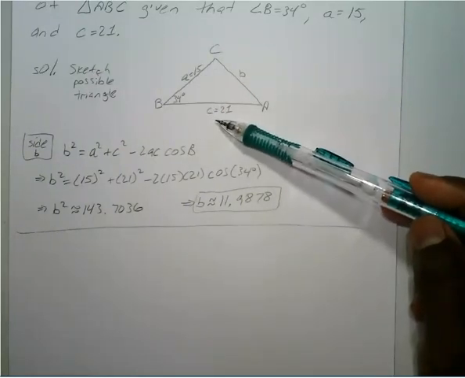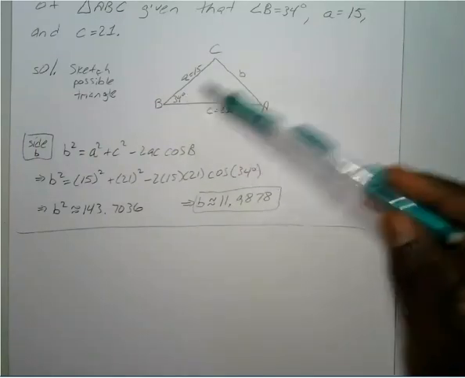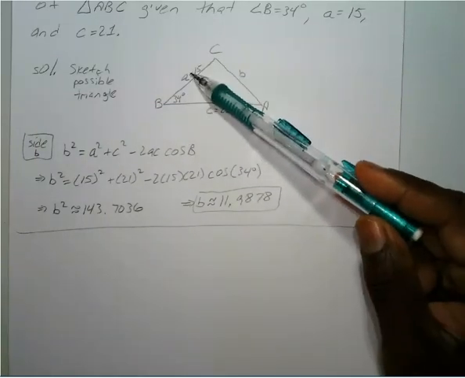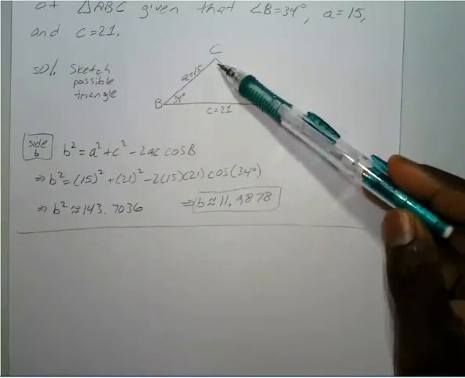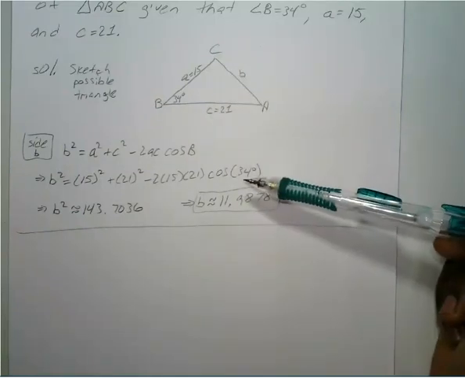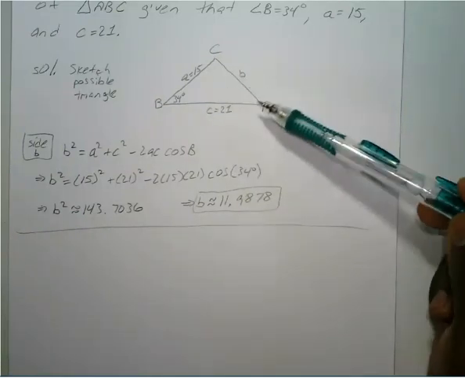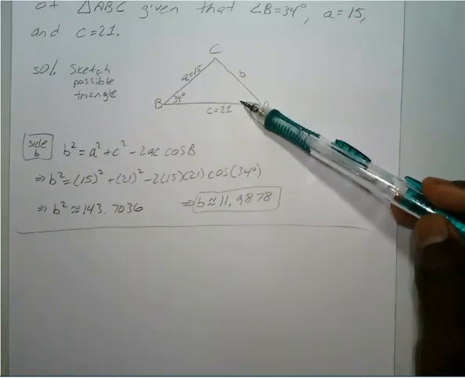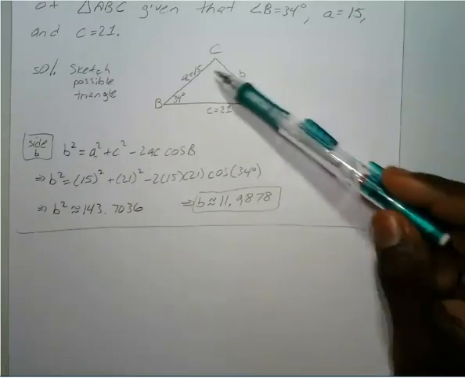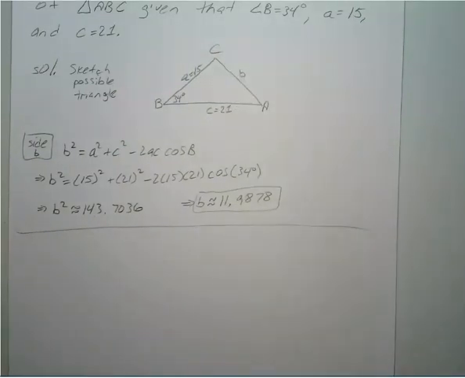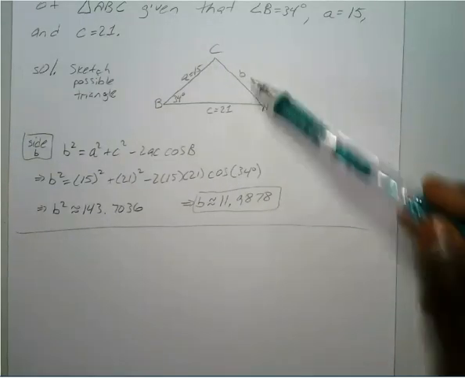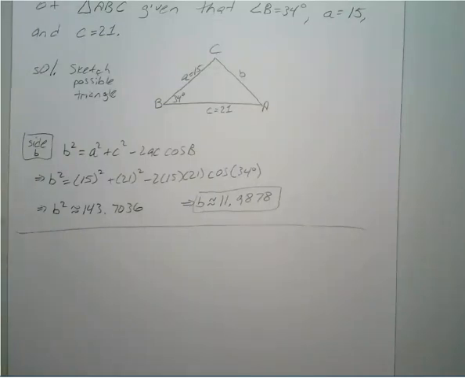Well, you could, but you'd still need side B, because if you have angle A and angle B, then you would need at least side B to solve for angle C. And if you try to solve for angle A, you'd still need side C to solve for angle A, because you need side A, side C, and angle C. Remember, you need 3 out of the 4 missing values to use the law of sines. So we need side B to do that. So this allowed us to now start using the law of sines, which is a little bit faster.